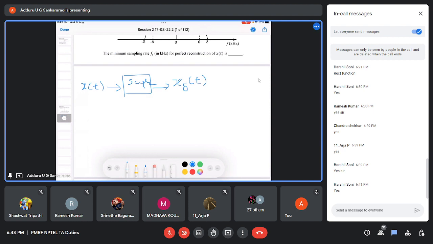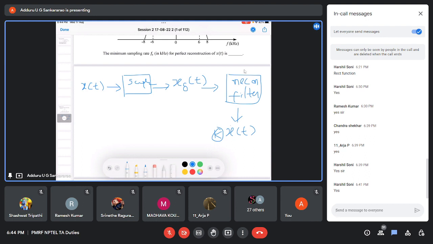So the sampled version of the signal is passed through a reconstruction filter, and then we can retrieve the signal x of t. Maybe there may be some amplitude scaling with some factor k, but other than that, we will be able to retrieve the signal as it is. So generally we use some kind of low pass reconstruction filter for this.